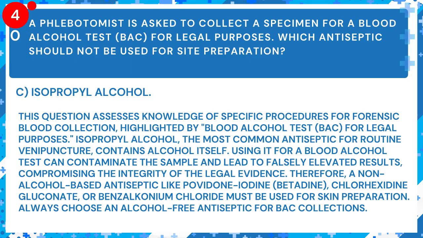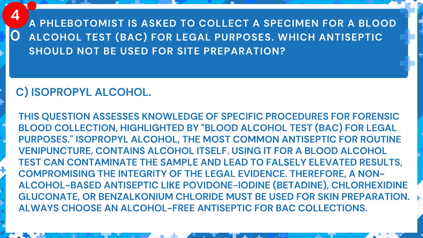Answer: C. Isopropyl alcohol. Explanation: this question assesses knowledge of specific procedures for forensic blood collection, highlighted by blood alcohol test, BAC, for legal purposes. Isopropyl alcohol, the most common antiseptic for routine venipuncture, contains alcohol itself.